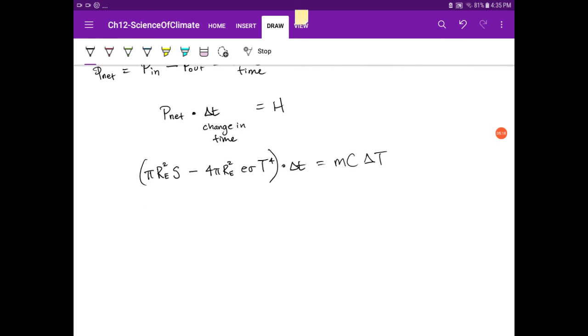Okay, and so what I'm really going to want to know is what is the change in temperature, so I'm going to divide both sides by m c.